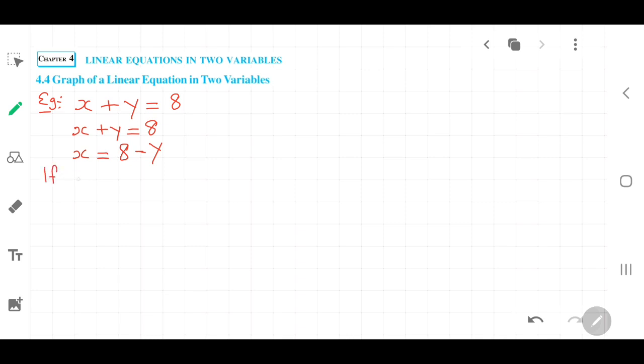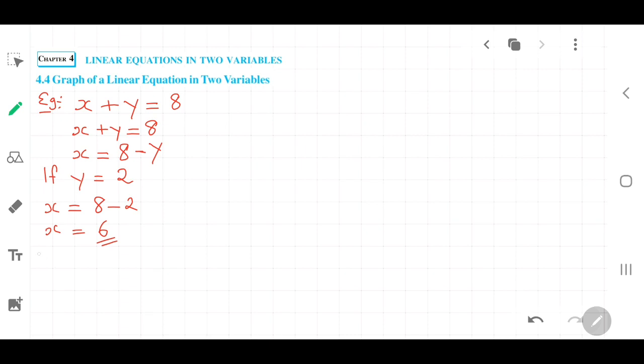If y you will take 2, what would be x? So x will be equal to 8 minus, in the place of y you write here 2, that is 8 minus 2 will be 6. Okay.